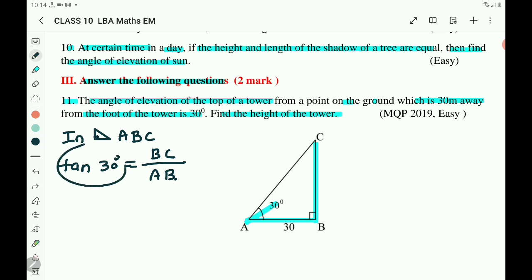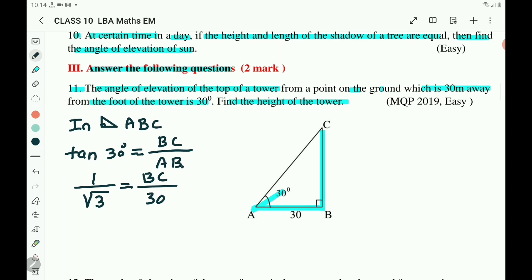What is the value of tan 30? Tan 30 is 1 by root 3. You must know it. The value of tan 30 is 1 by root 3. Then BC is to be find out. Write it as BC only. Then AB is given. AB is how much? 30 meter. Then you write 30 here.